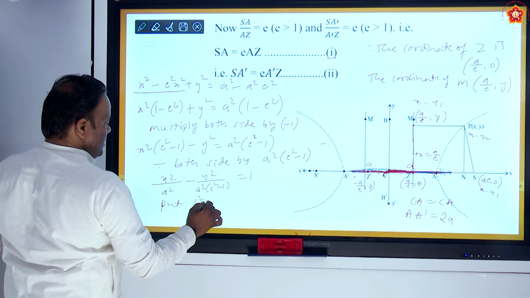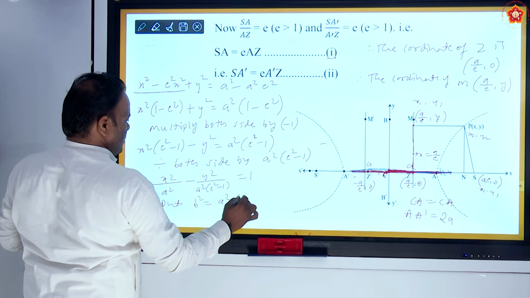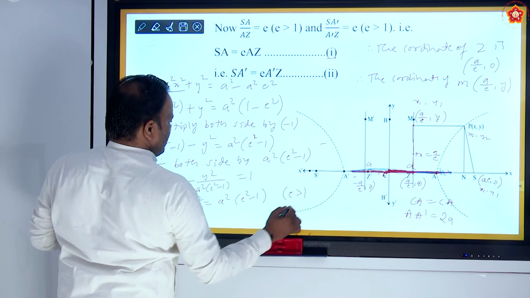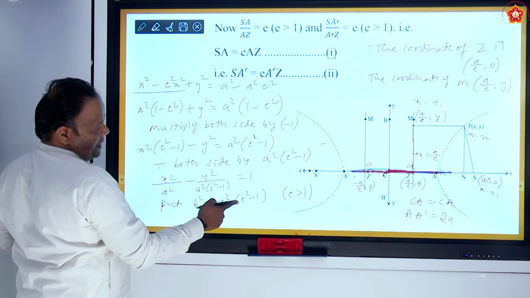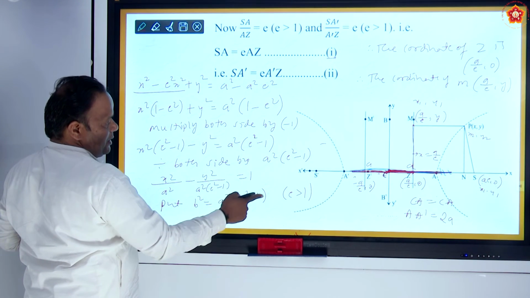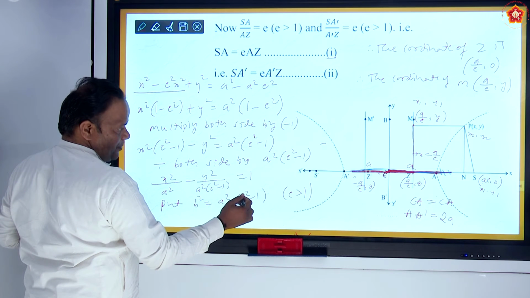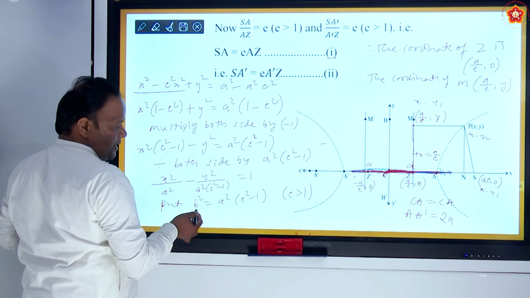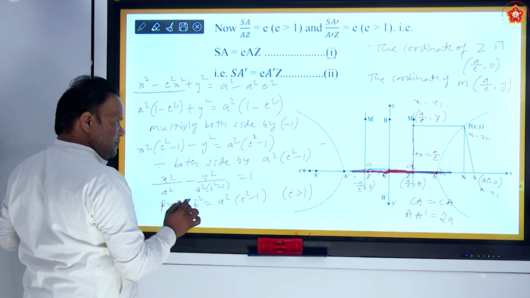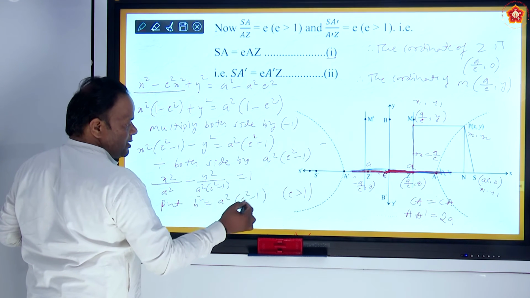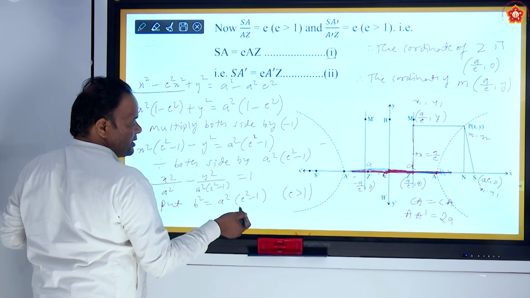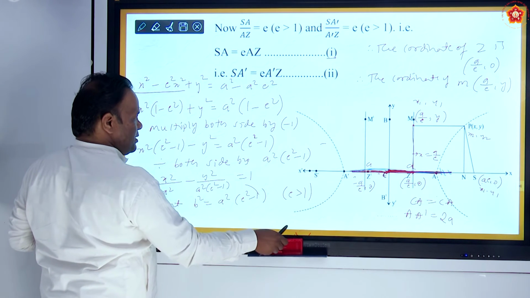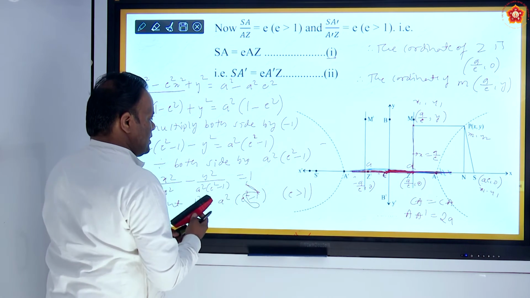Put b square equal to a square into e square minus 1 because e is greater than 1. If e is greater than 1, only then this whole expression becomes positive. So instead of this whole positive expression, you take b square. Don't take minus b square, you take plus b square.